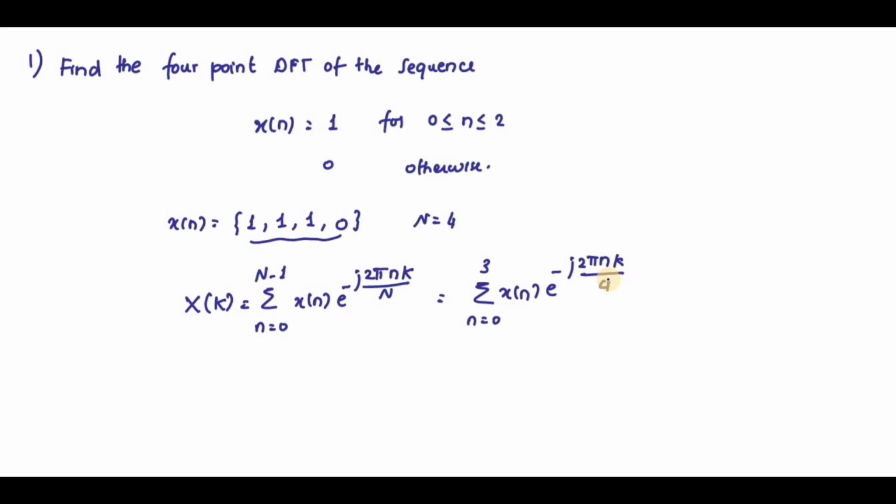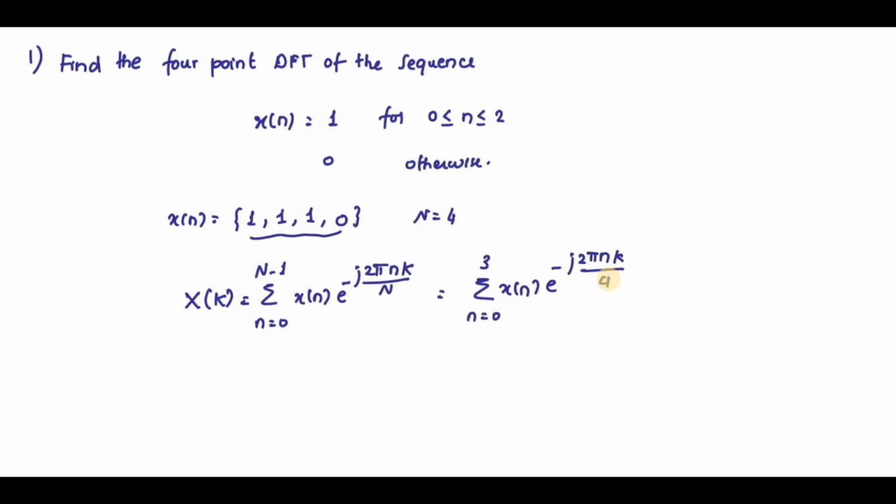Okay. So now I am going to substitute n is equal to 0. If I substitute n is equal to 0, I will get x of 0 into e power 0. Anything power 0 is 1. Next I am going to substitute x of 1, n is equal to 1. So it becomes e power minus j 2 pi, and the 2 and 2 get cancelled out, so you will get pi by 2 into k.